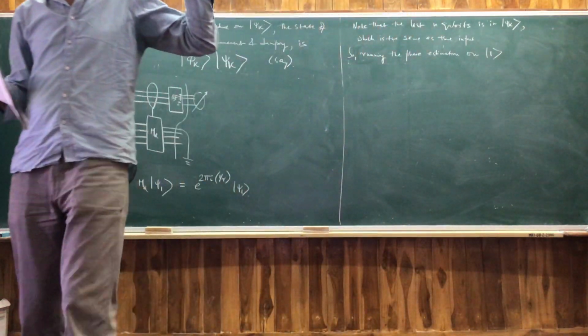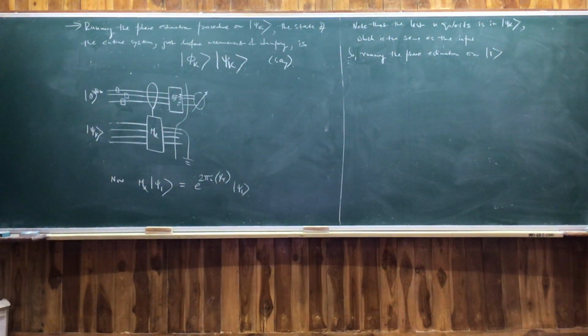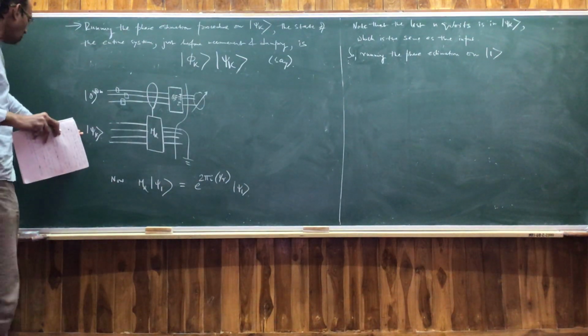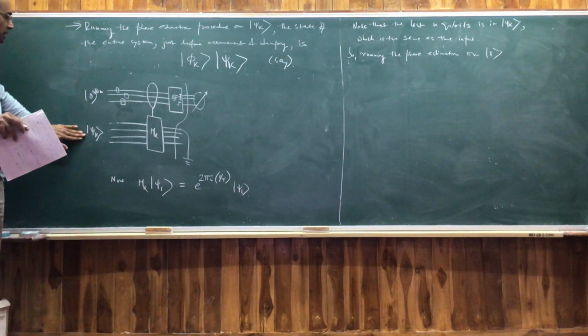Remember the 1? 1 was the sum of all the eigenvectors. So, this is the new phrase we are using. Running the phase estimation on 1 doesn't have a meaning. 1 is not an eigenvector. But running the phase estimation on 1, I mean that I put the input here as 1.